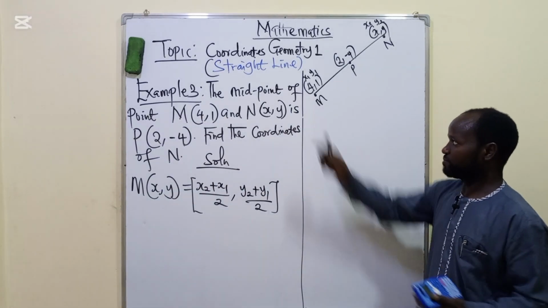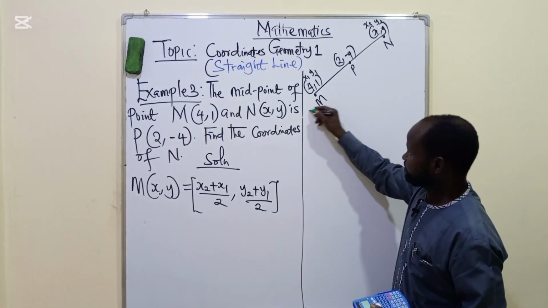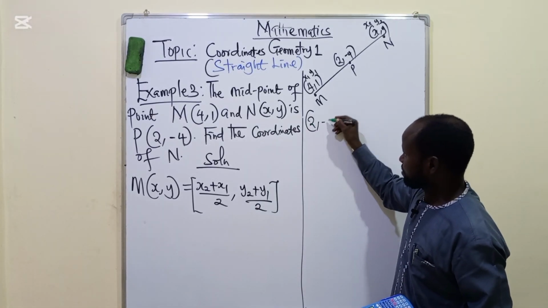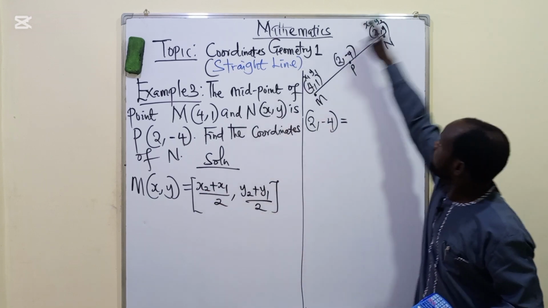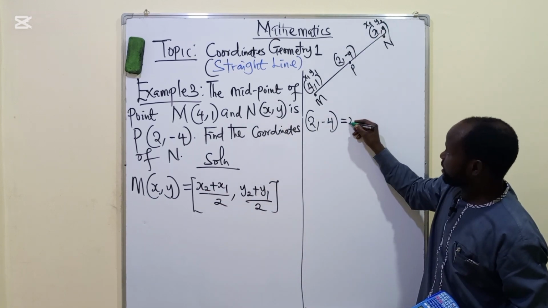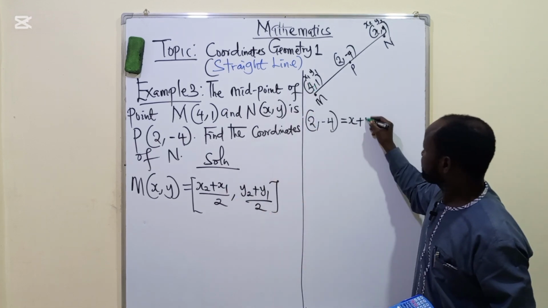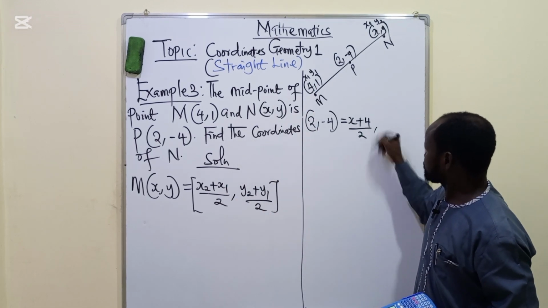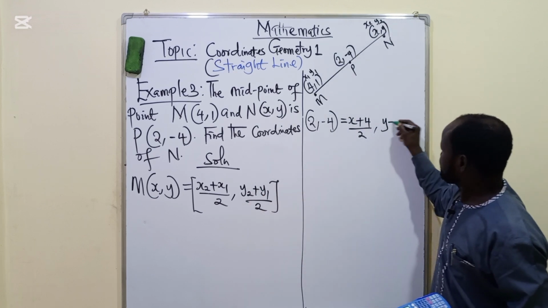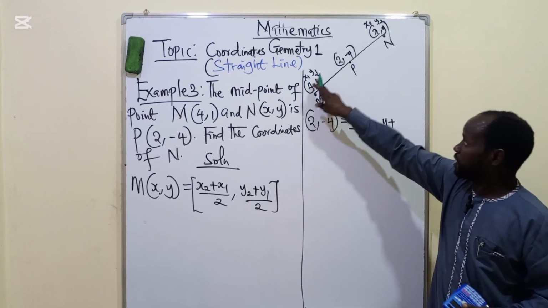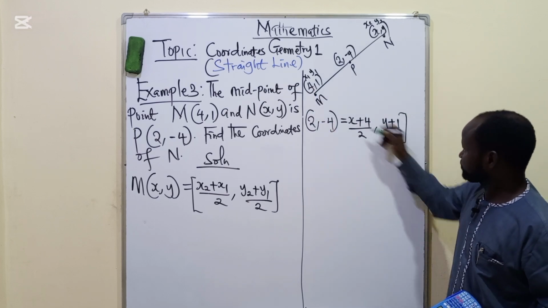From the question, the midpoint is (2, -4). So we'll have (2, -4) equals our x2, x2 is x, that will be x plus x1, which is 4, divided by 2, and y2, our y2 is y, plus y1, which is 1, that's y plus 1 divided by 2.